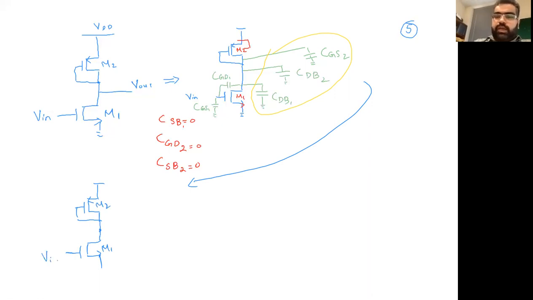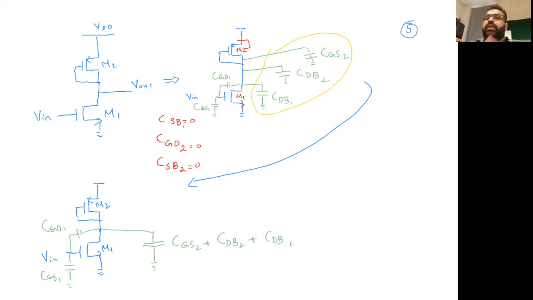Here again, I will draw the capacitances in green for ease. This is Cin, which is CGS1. We have one capacitance between gate and drain 1, and here we have capacitances in parallel, meaning they will be added together: CGS2 plus CDB2 plus CDB1. That makes our life easy in terms of analysis.